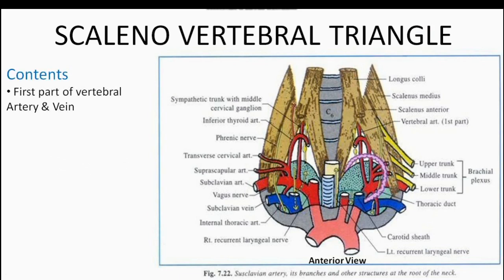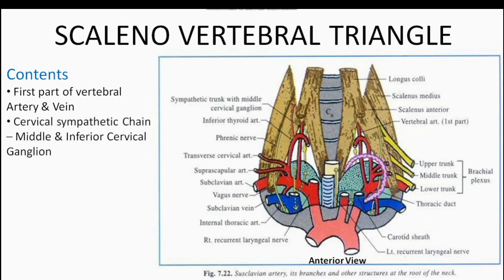Now we talk about the content of scalenovertebral triangle. So the content: first part of vertebral artery and vein. Then cervical sympathetic chain and middle and inferior cervical ganglion and ansa subclavia. We can see first part of vertebral artery, and here this one and this one.